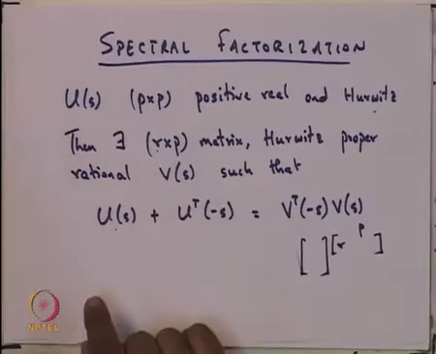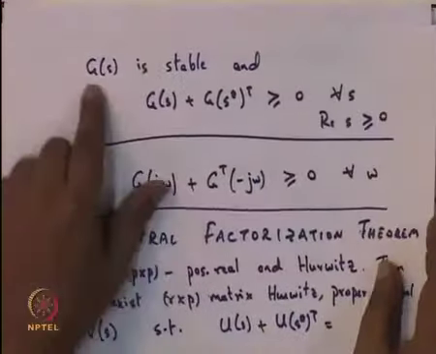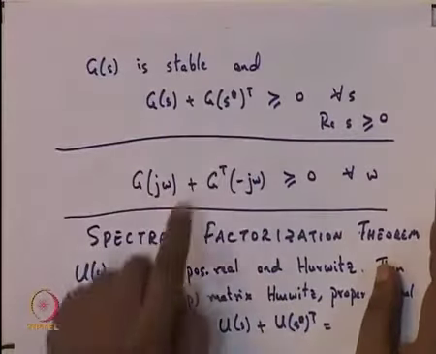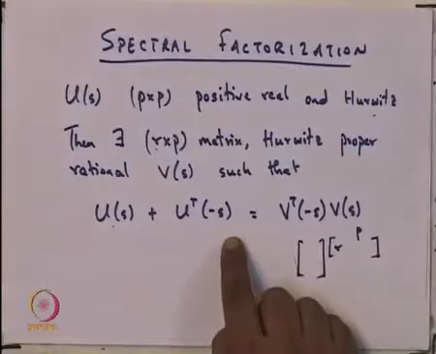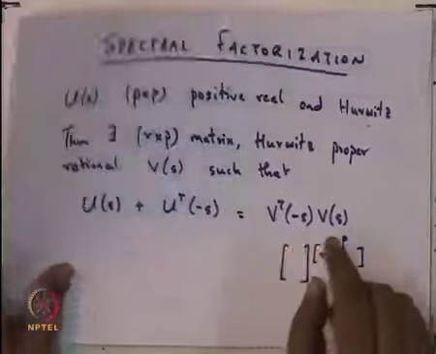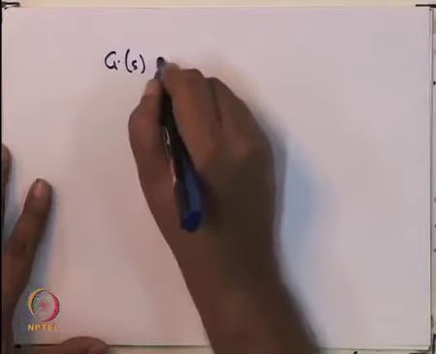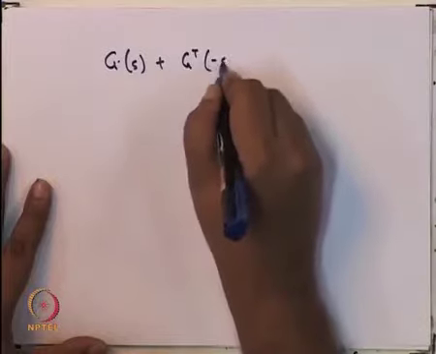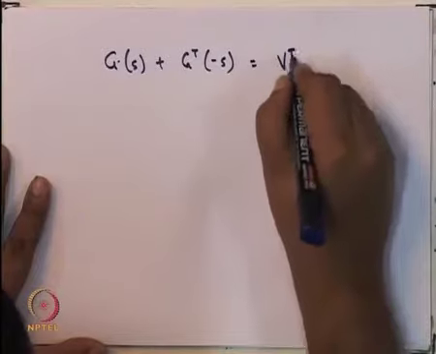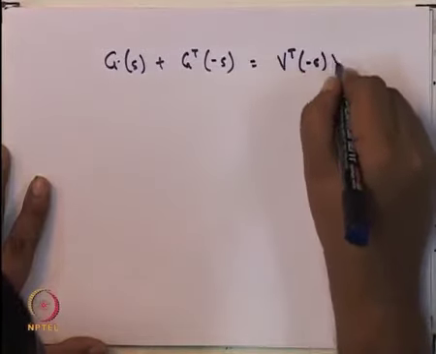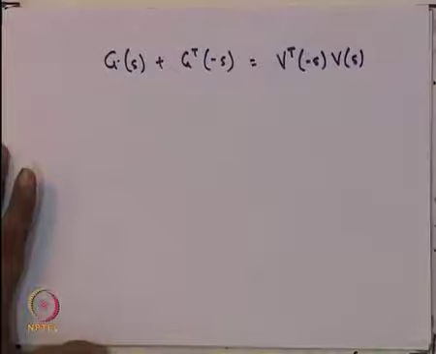Because we have started out with this Gs which is stable and has this property, we can invoke the spectral factorization theorem, and by invoking it, we can say that G of S plus G transpose of minus S is equal to, let me just continue calling this V transpose minus S into V of S.